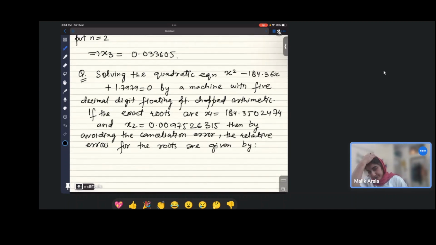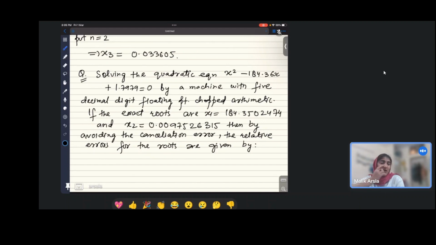So the question is that you have been given a quadratic equation x square minus 184.36x plus 1.7979 equal to 0. You have to solve this equation with a machine which has decimal digit floating point chopped arithmetic.